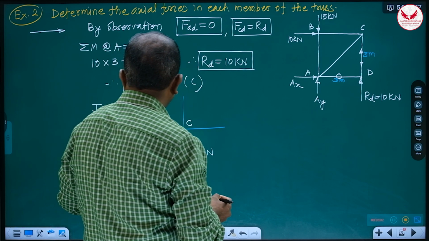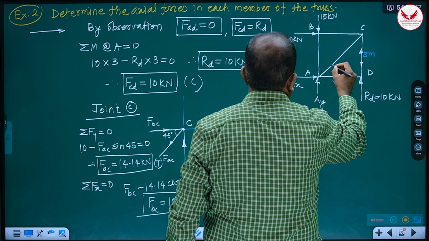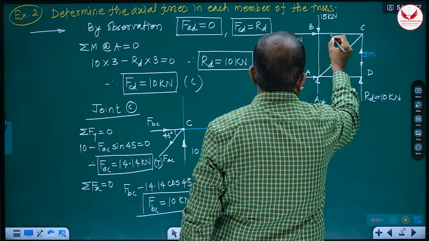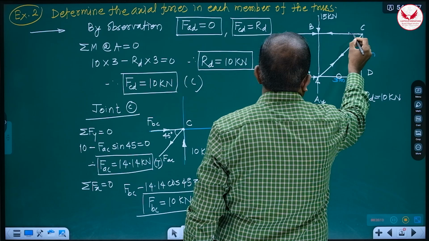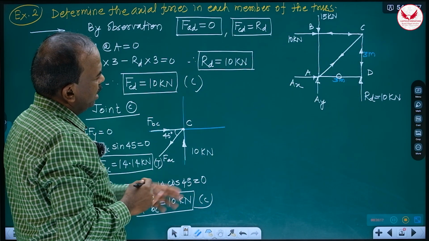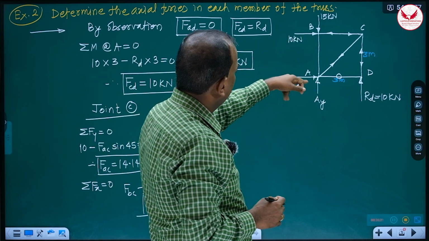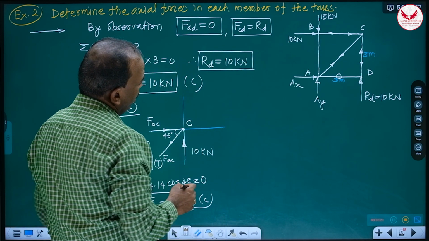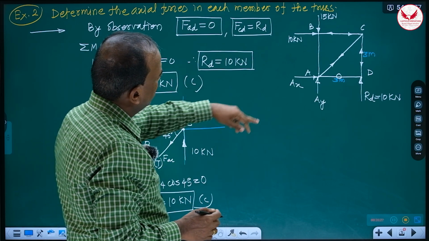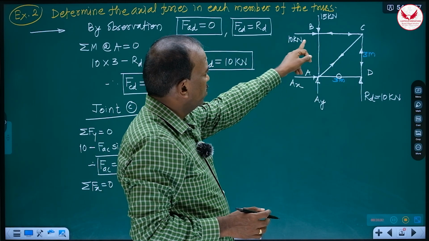So this BC, AC is tensile. AC is tensile means like this, and BC is compressive. It is like this. It is like this. And now which answer is remaining? Only AB. And by observation at joint B, no need to draw its free body diagram also. So this BC is 10, this is also 10.